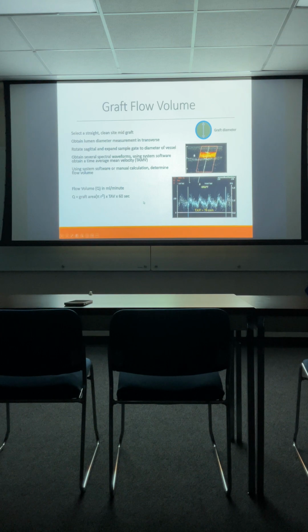You can figure out time average velocity without software though, can't you? It's just the highest, the lowest, the amount of time divided by the number of seconds. I don't know the answer to that, but I guess you could. Some machines have the capability to do it, and some don't.